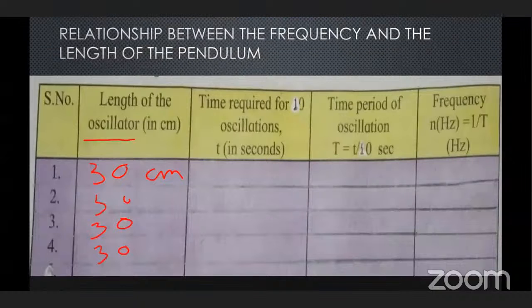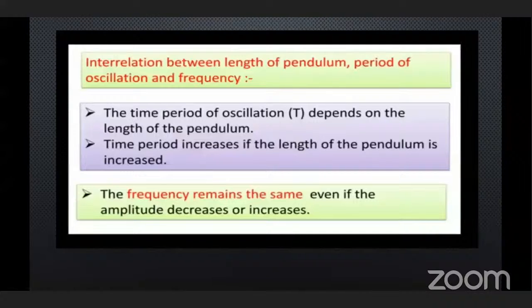From these two activities, what we found is that the time period of oscillation depends on the length of the pendulum. If the length of the pendulum increases, the time period also increases.